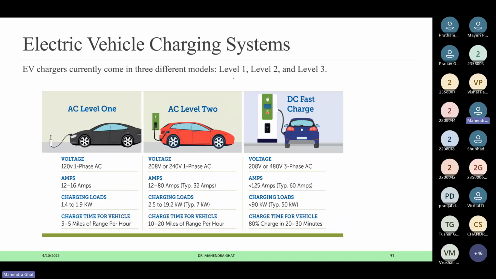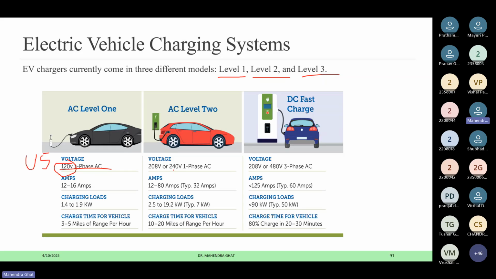They are broadly classified into three categories: level 1, level 2, and level 3. Level 1 category is the voltage of 120 volt single phase AC. If you are charging the electric vehicle with a single phase AC supply, which is available at our home, 120 volt is available actually in the US, not in our India.